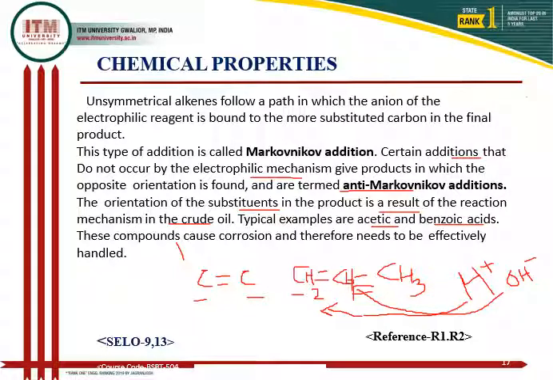Generally they go through addition reactions and undergo oxidation, which is responsible for causing corrosion, and therefore they must be handled effectively. These olefins and alkenes are to be strictly handled in crude oil because they are quite reactive and responsible for corrosion. Understood?